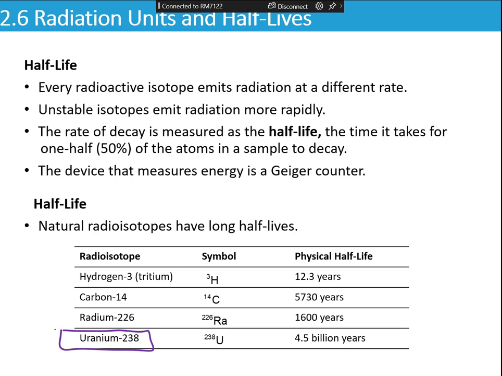So this term half-life is the common term that they use when describing the energy that's released and how long it takes for it to start breaking down. So by definition, a half-life is the time for half of a sample's energy to decrease by 50%.